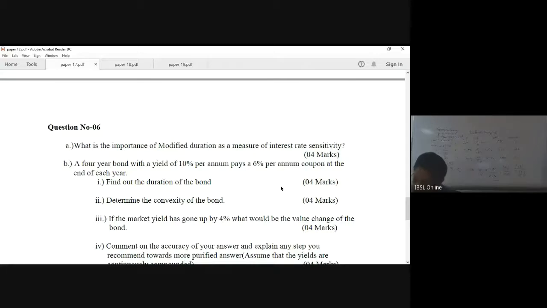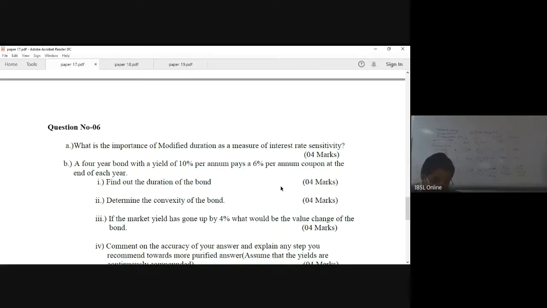That comes to 44.449. In the last year, that is the fourth year, e to the power minus 0.4 into 1060. That is 710.539.